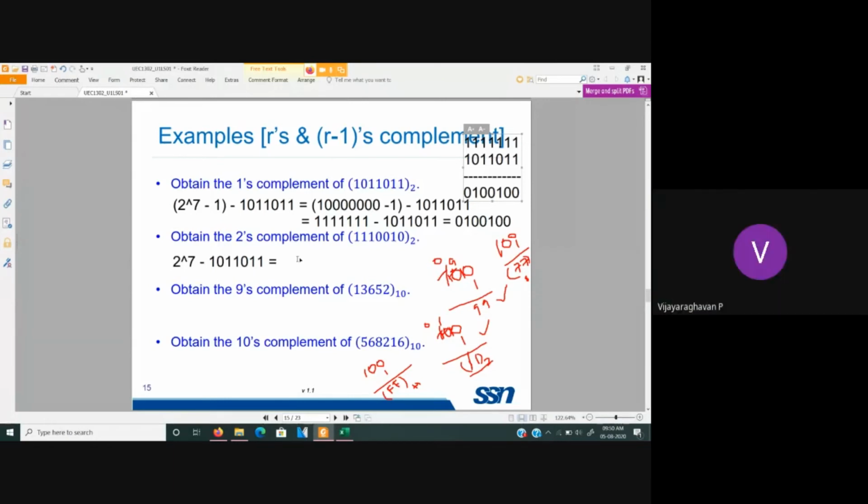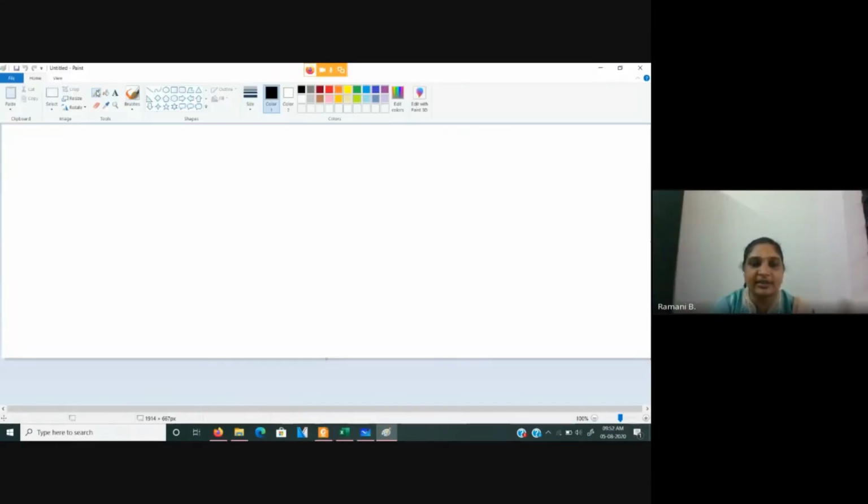I don't understand this, this 1 followed by 7 zeros minus 1, how is that. So here you have this 2 power 7. So 2 power 7 is 128. This is our decimal equivalent.